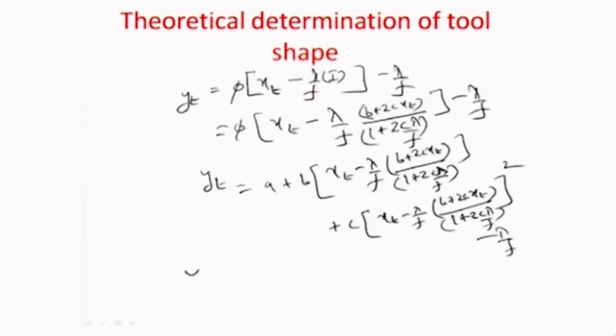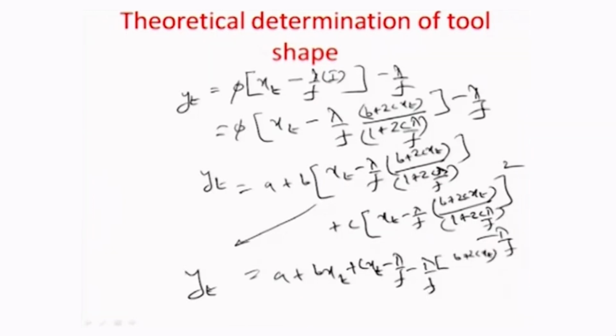In other words, if you simplify this expression, it would come out as a plus b times xt minus lambda by f times b plus twice cxt divided by 1 plus twice c lambda by f, plus c times xt minus lambda by f times b plus twice cxt divided by 1 plus twice c lambda by f, whole square.